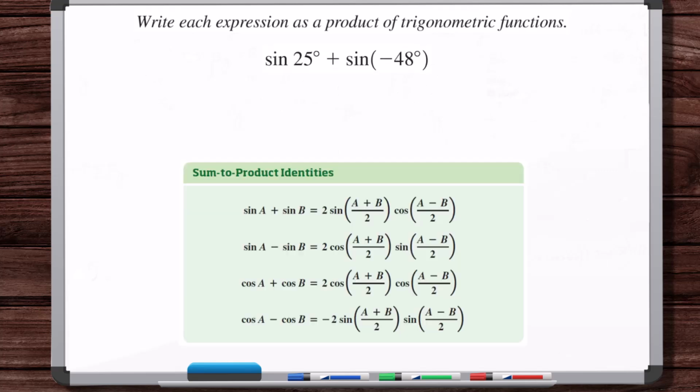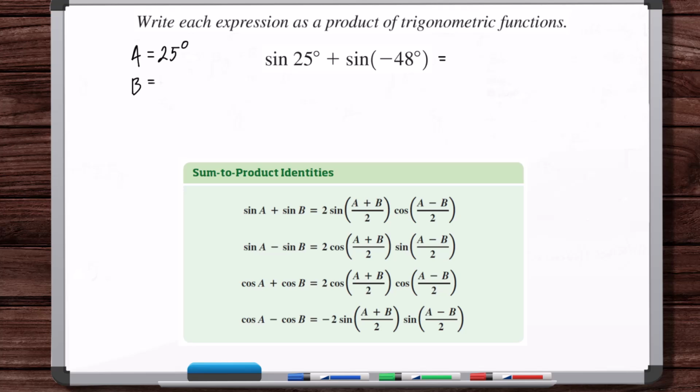Okay, here we've got the sum of 2 sines, so we can see that A is 25 degrees and B is minus 48 degrees. So actually, since sine is an odd function, we could write this, yeah, let's do that.